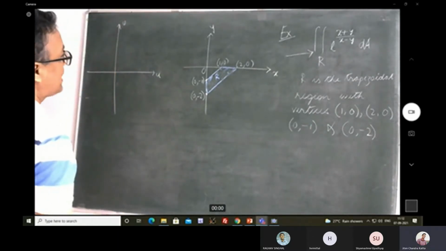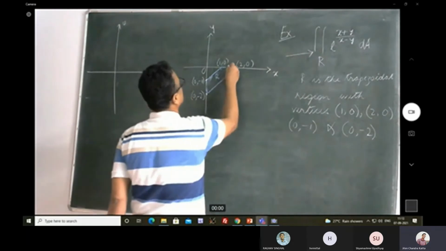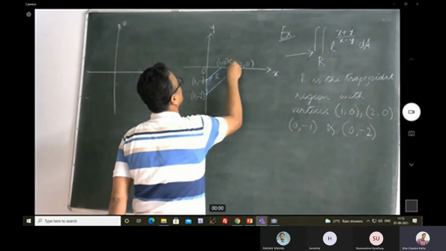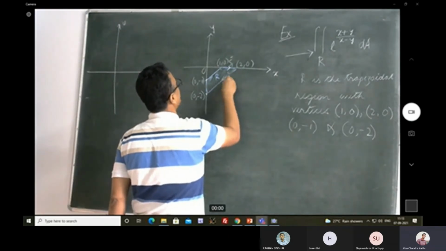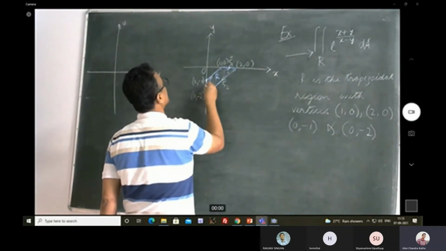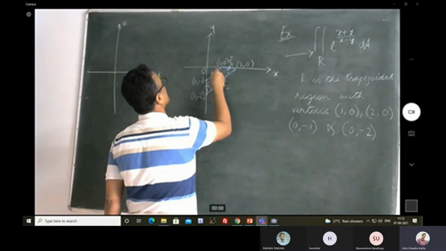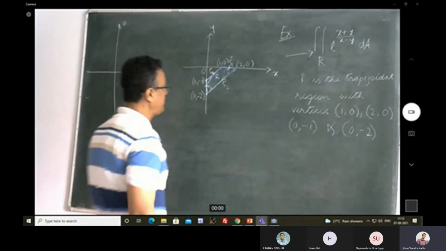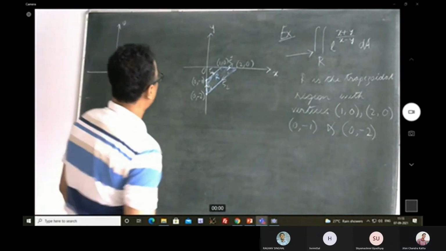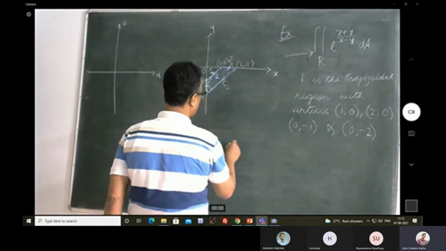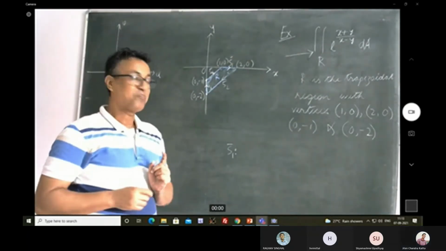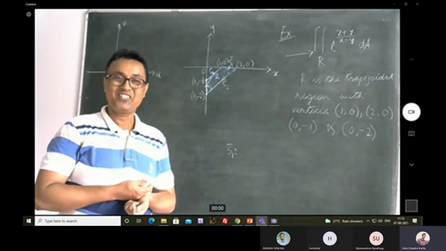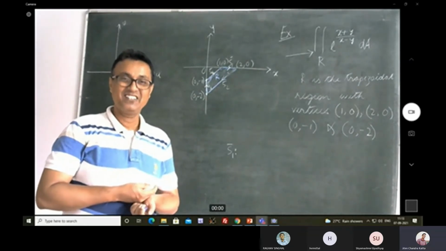Let us call this boundary S1 bar, this boundary S2 bar, this boundary S3 bar, and this boundary S4 bar. Now let us concentrate on S1 bar. But before that, I have to define some transformation, isn't it?